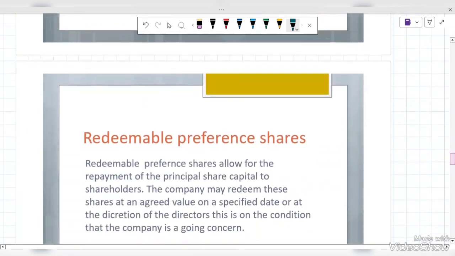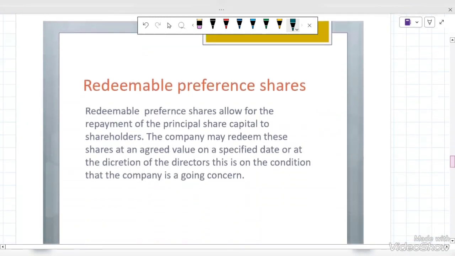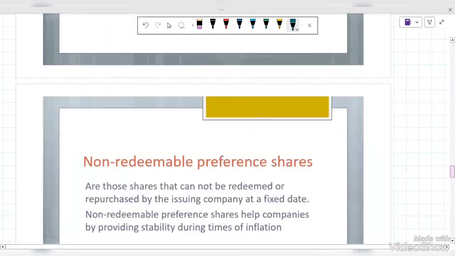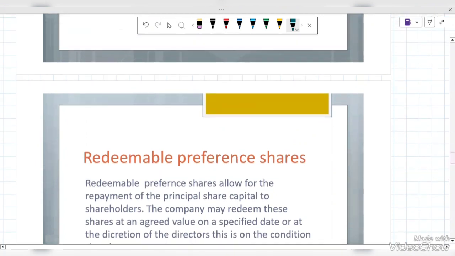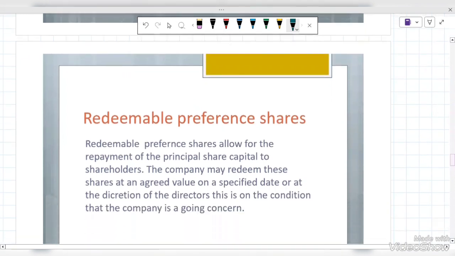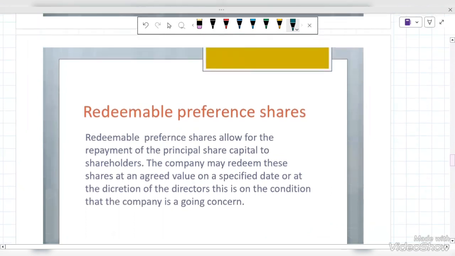Okay. So let's discuss the redeemable preference shares and the non-redeemable preference shares. These all are basically the kinds or types of the preference shareholders or preference shares. There are no types of ordinary shareholders in your syllabus. So these are the types of the preference shareholders.